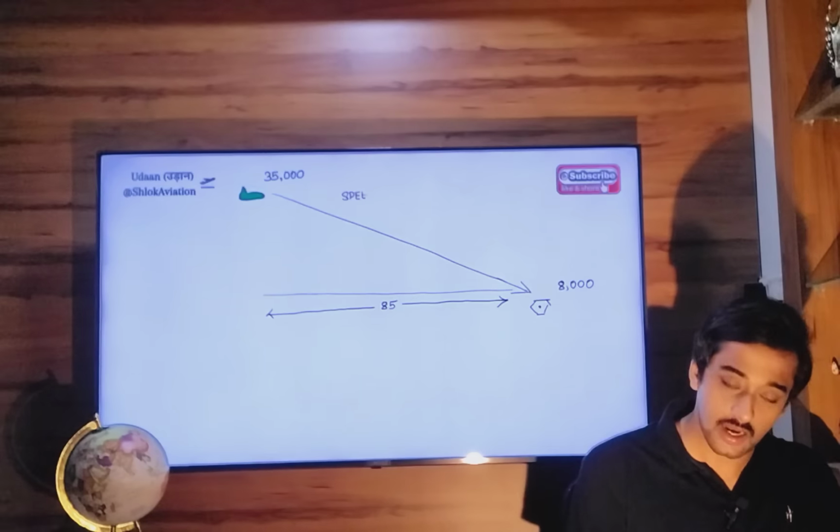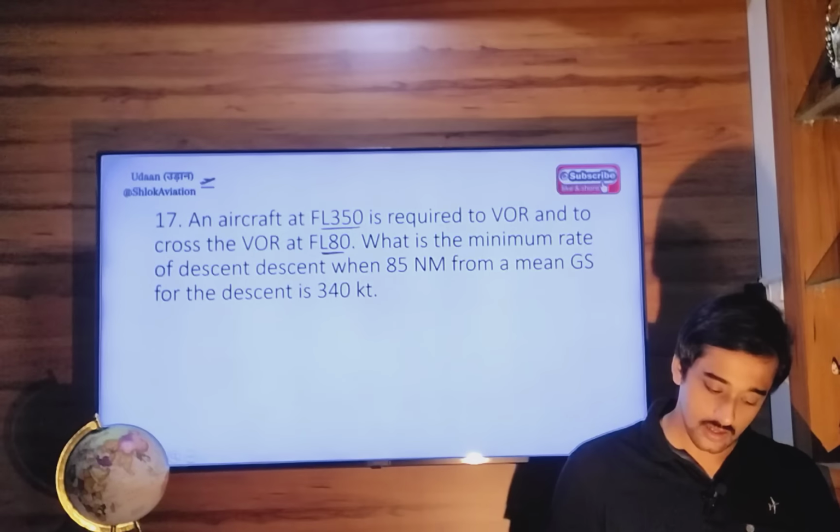The ground speed of your aircraft is 340.